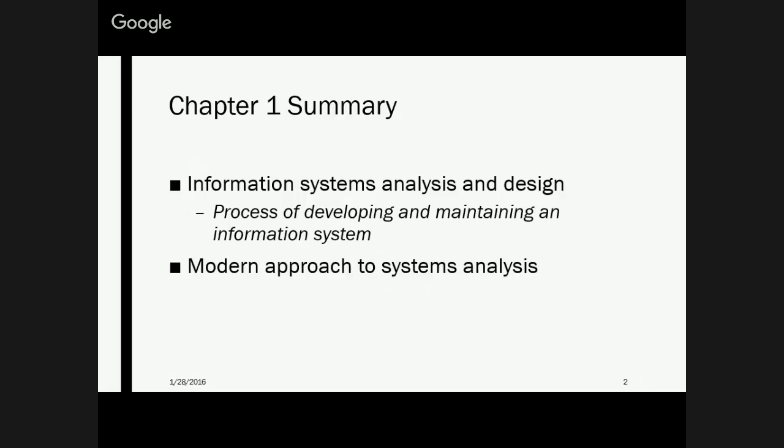So the modern approach, when we're looking at these systems, we look at the processes that go on in the business and what data we are dealing with. And then we propose systems either using existing software or creating our own software or piecing together different components. So there's a lot of choices there.